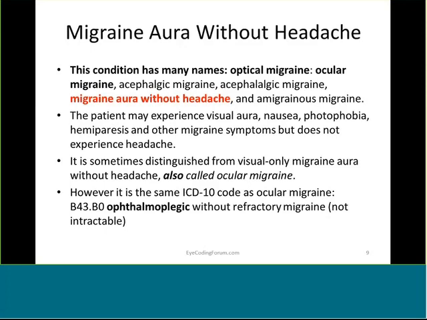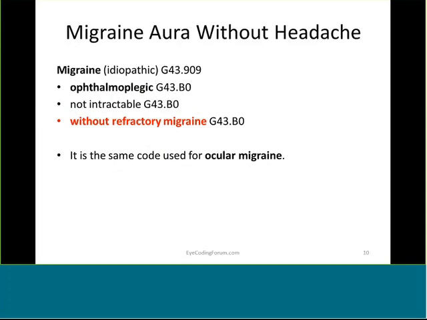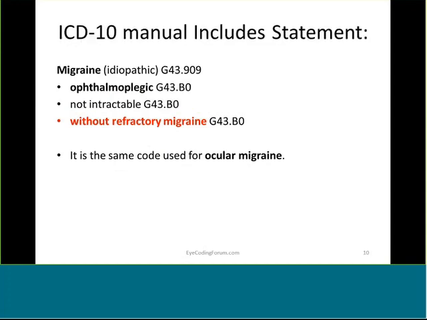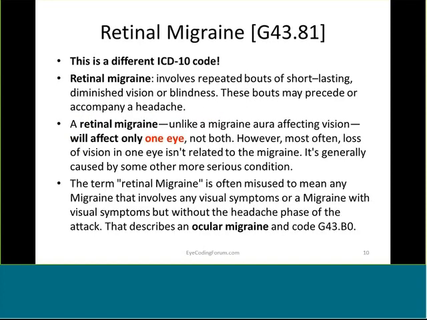That's the not intractable. In the ICD-10 manual, there's an include statement that will say an ophthalmoplegic migraine, G43.B0, and also a migraine, well, it says here, it's without refractory migraine, G43.B0. So these are codes, these are included under that one code.